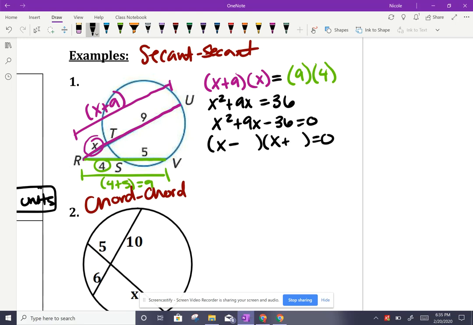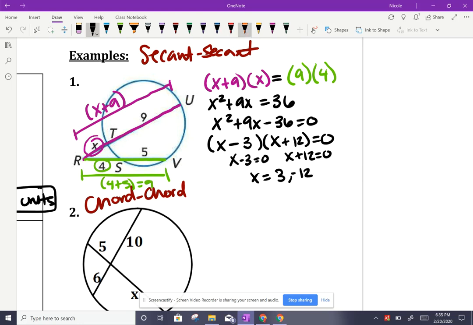So numbers that multiply together to be a negative 36, but add together to be a positive 9. So my bigger number has to be the positive here. So we're going to go with 3 and 12. Now I set each one of these equal to 0, and we find out that x is equal to positive 3 and negative 12.